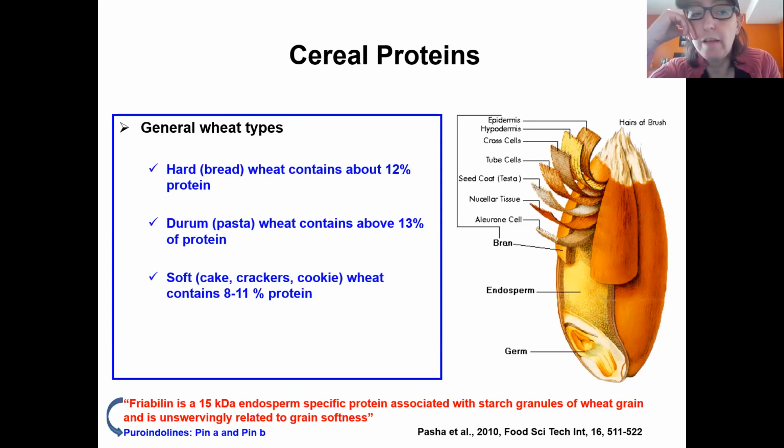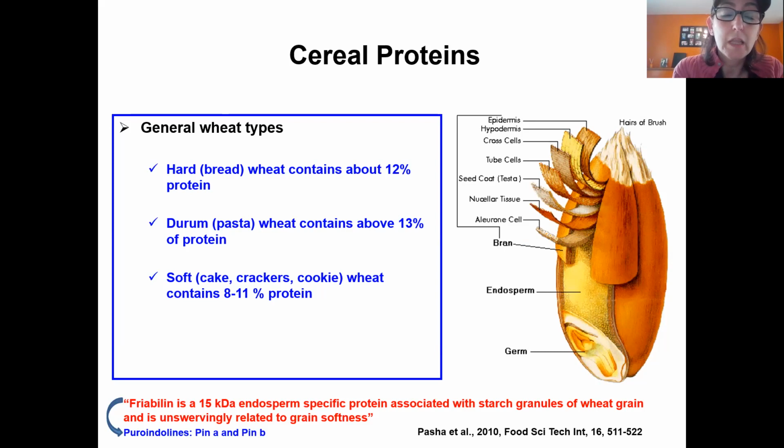So in wheat, we have the classification of hard wheat, durum, and soft. Basically, the characteristic is related to the protein content. The durum has the highest protein content, on average 13, it can be up to 15, 16, depending on the variety, and hard wheat ranges between 10 and sometimes 13%. These are just averages that you see here.